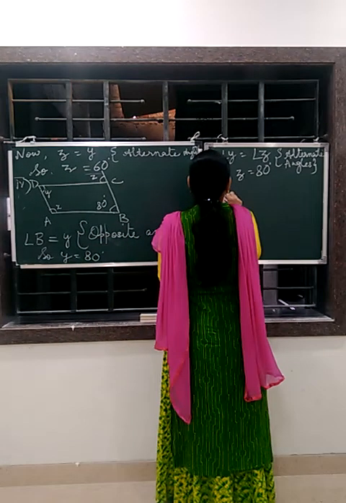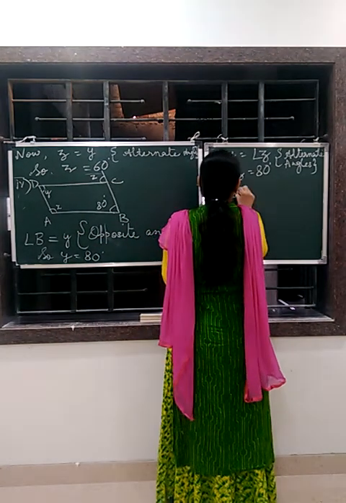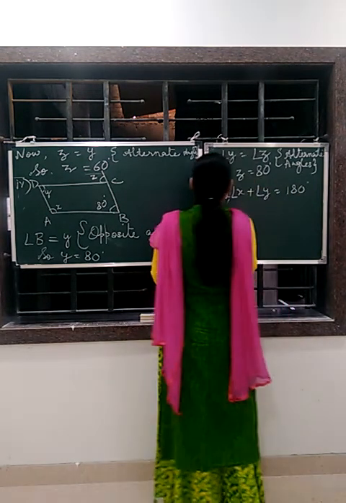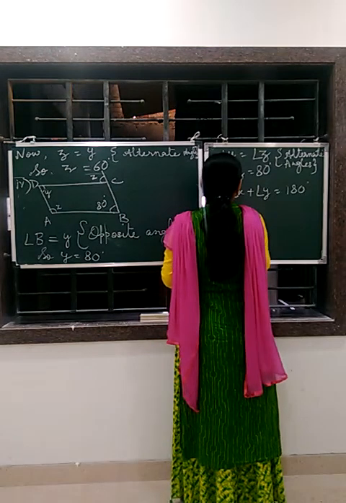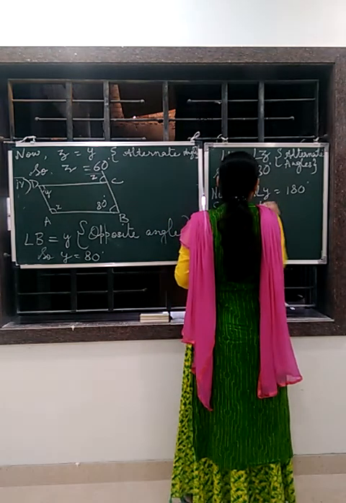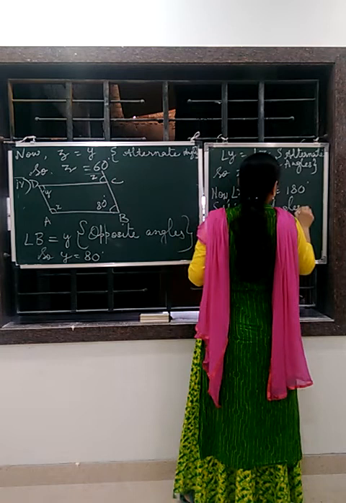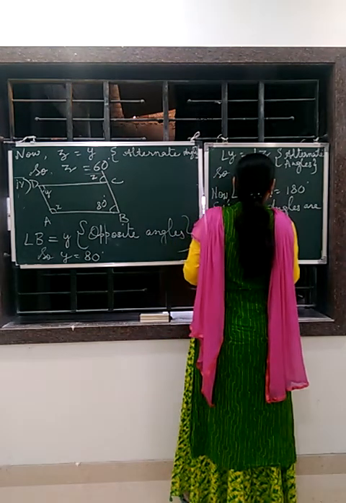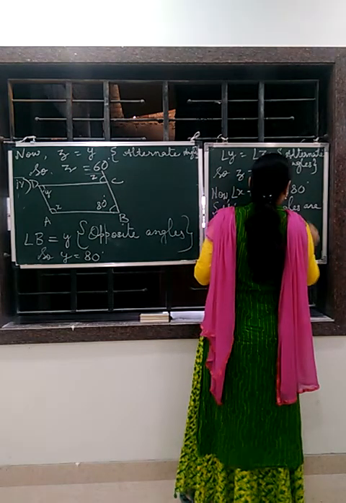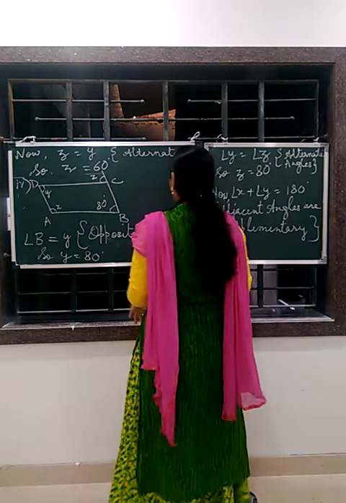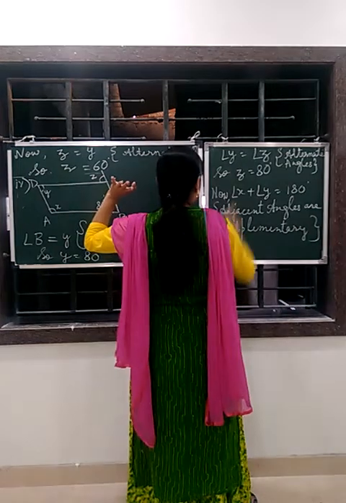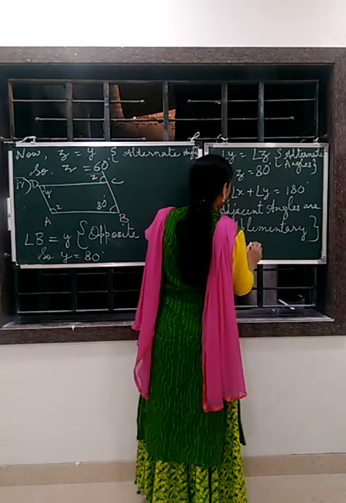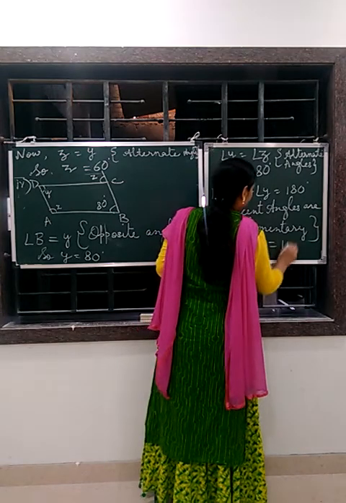Now angle X plus angle Y is equal to 180 degree. You can write adjacent angles are supplementary. So what is the value of X? No, sorry, we don't know the value of X, we know the value of Y. So we put the value of Y. X plus 80 degree is equal to 180 degree.